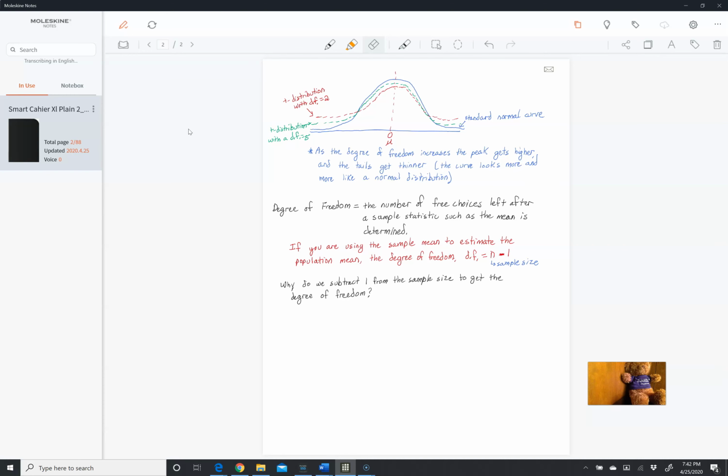And we're going to explain this as well. And I really should change all of this to degrees of freedom.